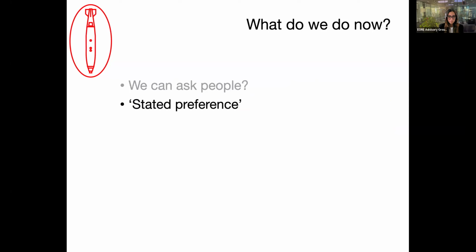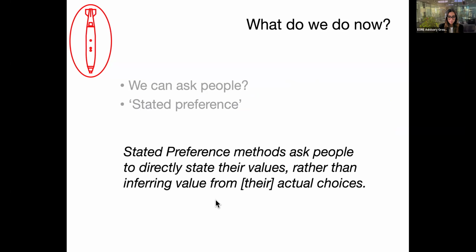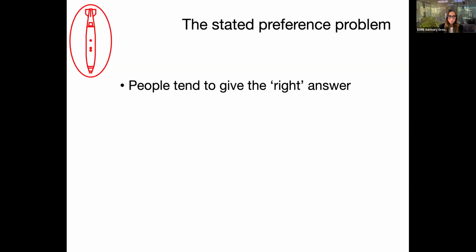We can ask people, and economists call this the stated preference problem, which is that people tend to give you what they think is the right answer. So we ask people to directly state their values rather than learning about their values from their actual choices. That's the economic perspective of this. People tend to give the right answer.